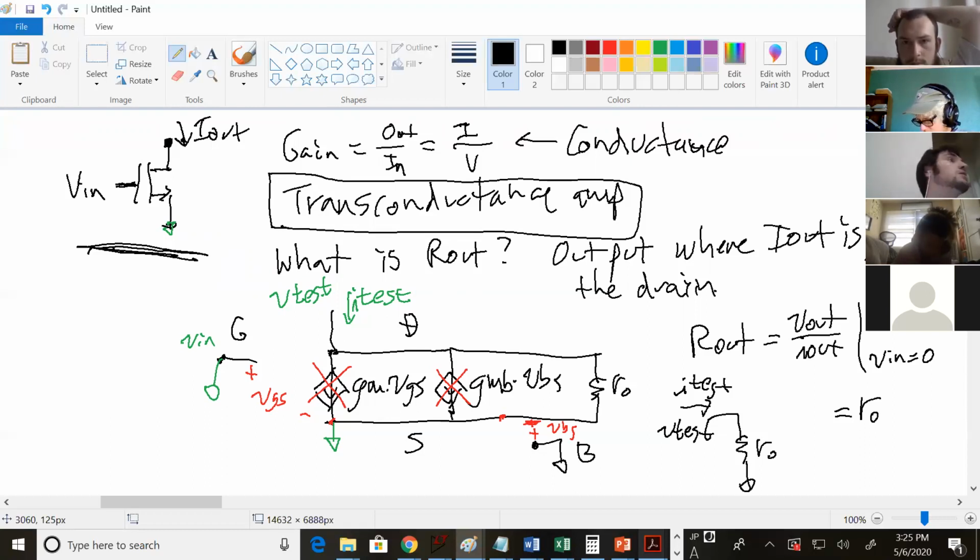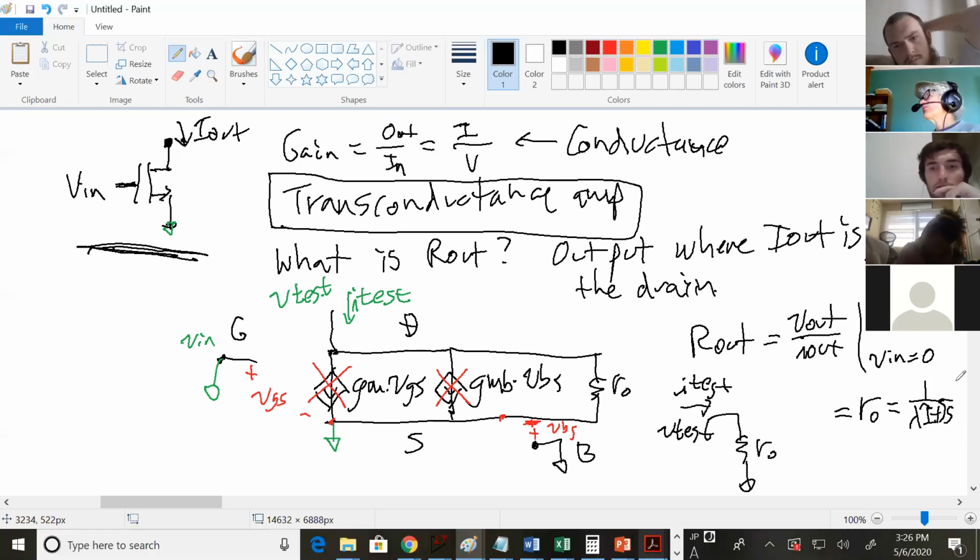So in this case, anybody remember the MOSFET RO equation? Is that like 1 over VDS lambda or something like that? Yes, 1 over lambda IDS. So again, if you have a milliamp, and then your lambda is 0.1 or something like that, now you have 10,000 or something like that.